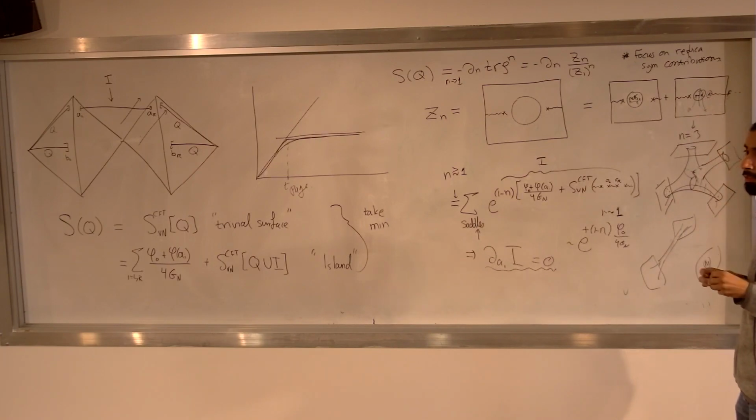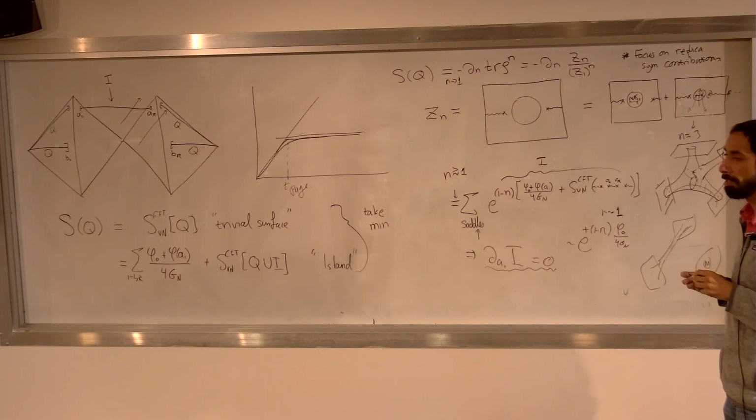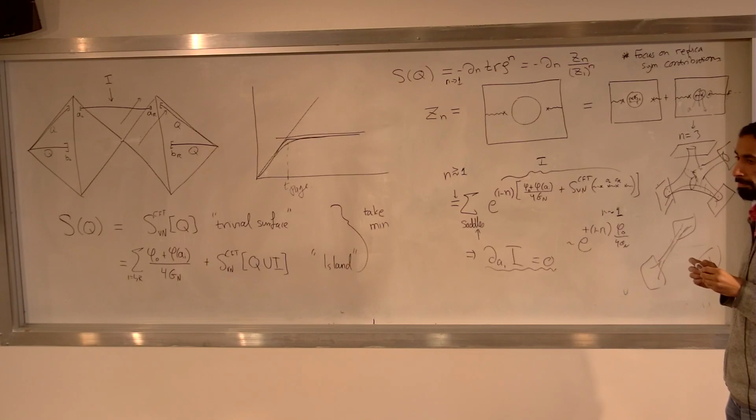At the Page time, the contributions from the trivial surface and the island are equal. So I would naively expect to get a factor of 2, but then there are the non-replica symmetric configurations to be described. How does this factor of 2 come to a factor of 1 at the Page time?